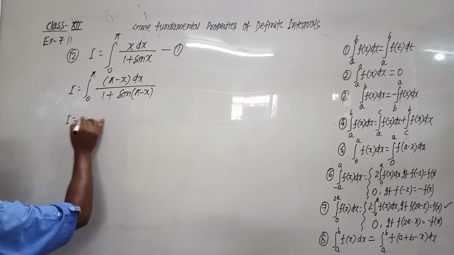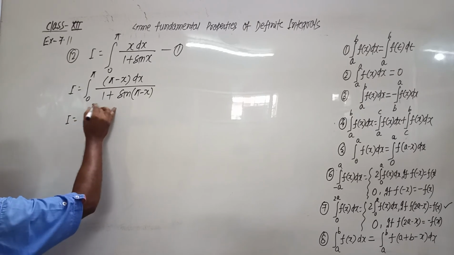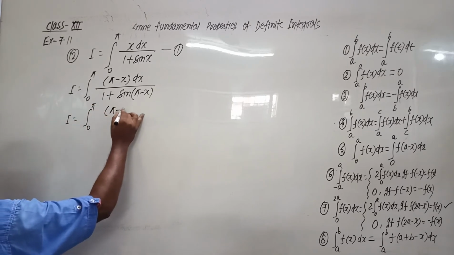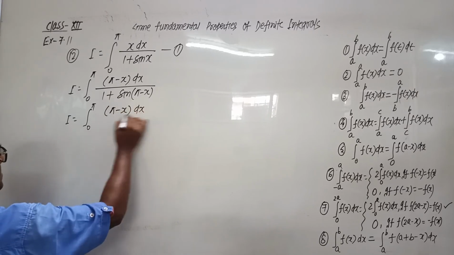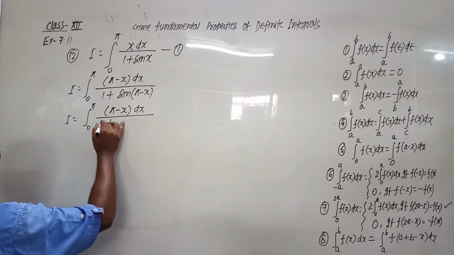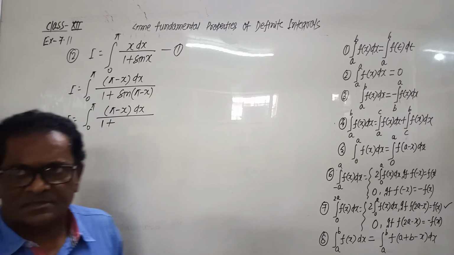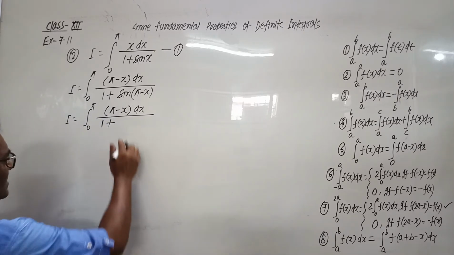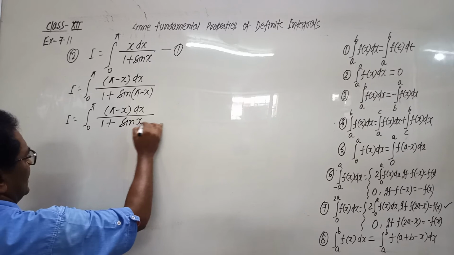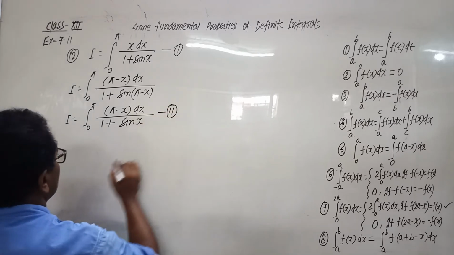So we get I equals the integral from 0 to pi of (pi minus x) dx upon 1 plus sin (180 minus theta). Sin (pi minus theta) comes sin theta, so sin x. This is the second equation.